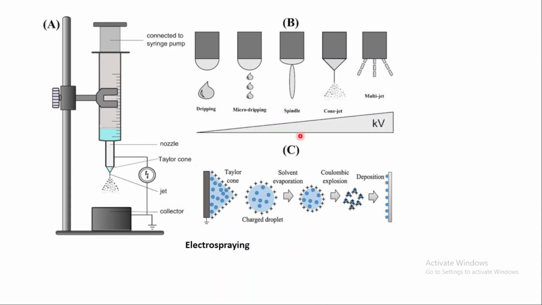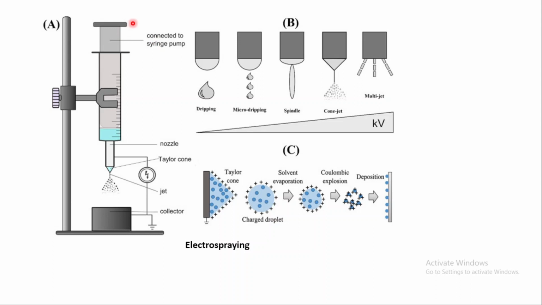Now let's look at what the electrospraying technique is. In this electrospraying technique, if you follow diagram A, this is a syringe connected to the syringe pump, and inside this syringe, this blue solution is the polymer solution or nanomaterial synthesizing solution which we are going to use as bulk material.